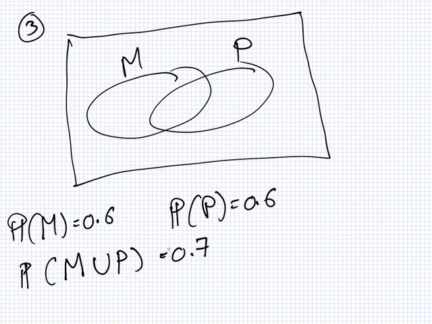What is the probability a student who studies physics also studies maths? So the question is, what is the probability that they study maths? Because I said what is the probability a student who studies physics, so you know they study physics, also studies maths.